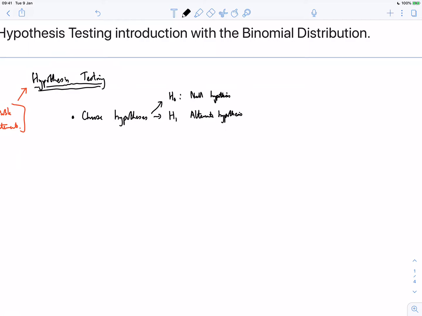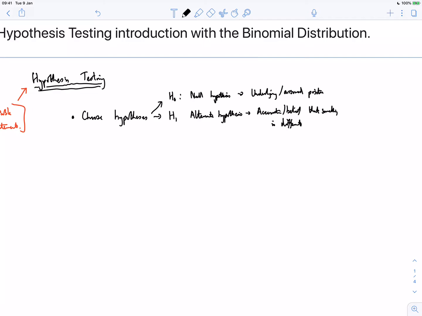The null hypothesis is usually the underlying or assumed position on something, and the alternate hypothesis is the accusation or the belief that something is different, usually.